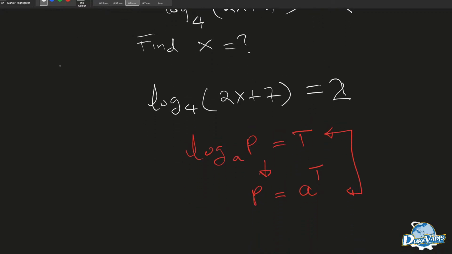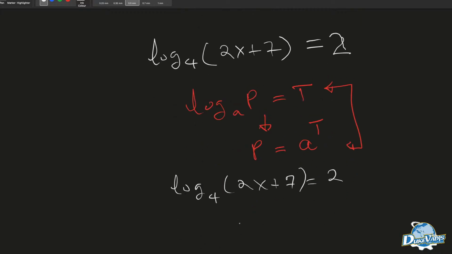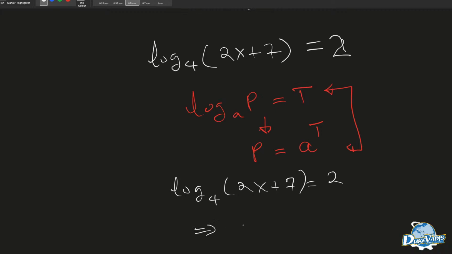Applying this principle, we can confidently say that log to the base 4 of (2x plus 7) equals 2 can be written as 2x plus 7 is equal to 4 raised to the power 2.